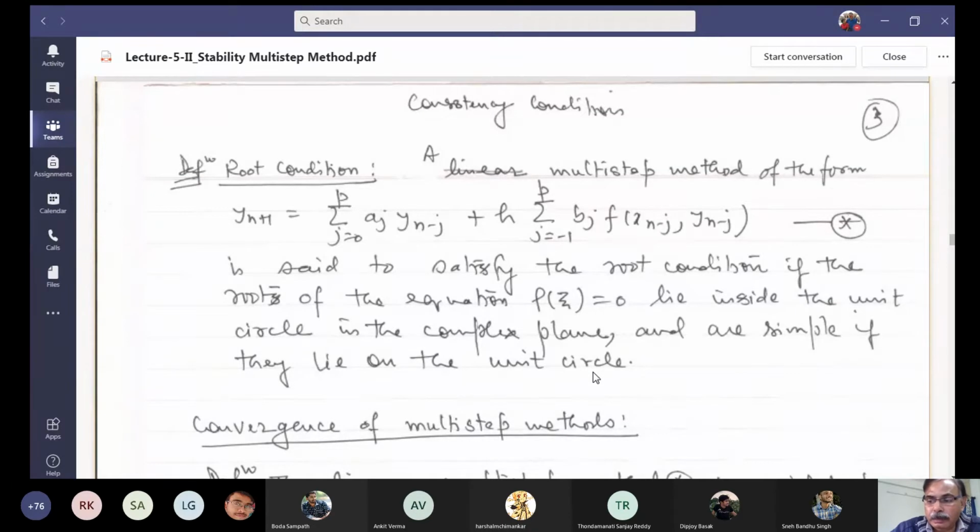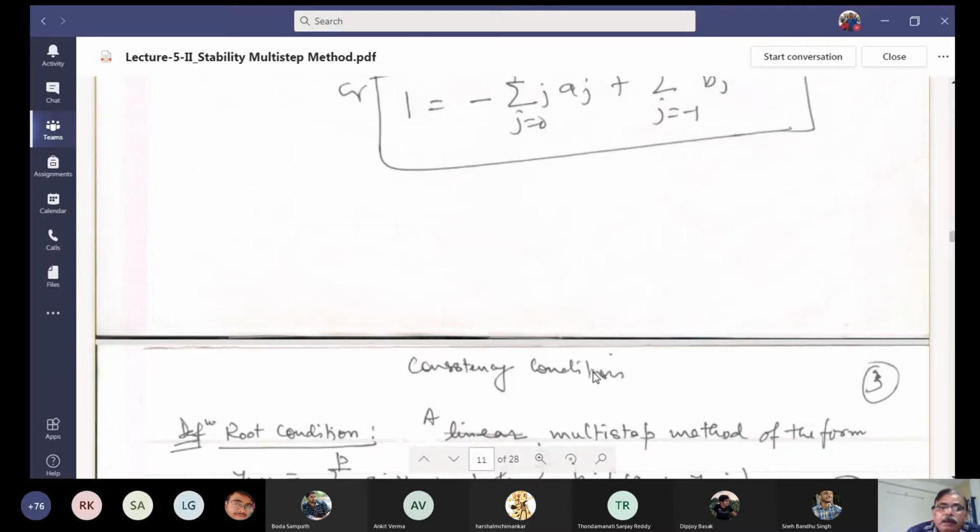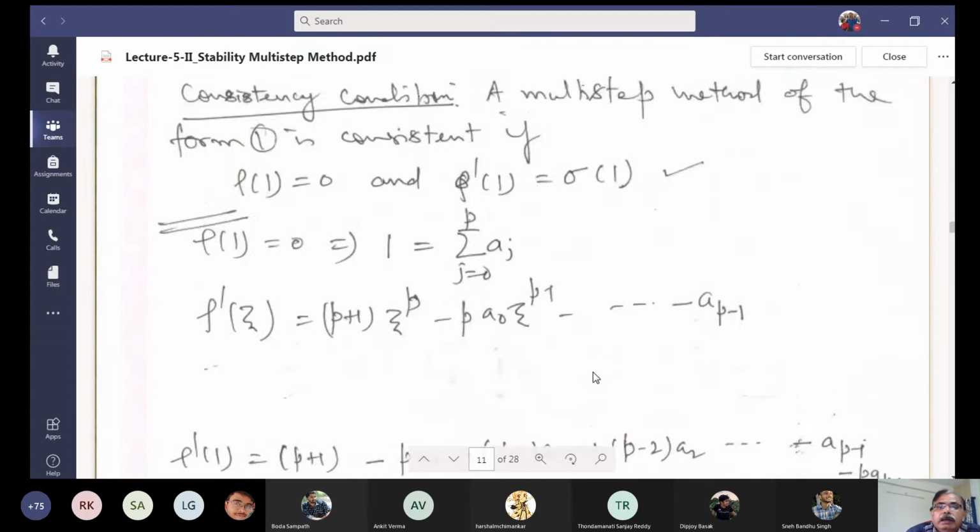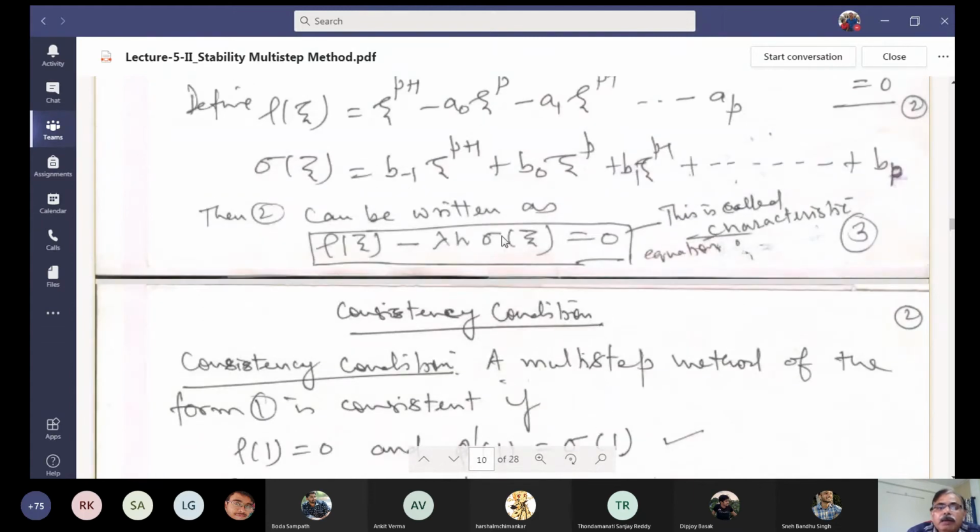You see that characteristic equation, it is a polynomial in xi. Rho xi minus h lambda into sigma xi, it is a polynomial in xi. Yes or no? Yes, sir. It is a polynomial in xi.